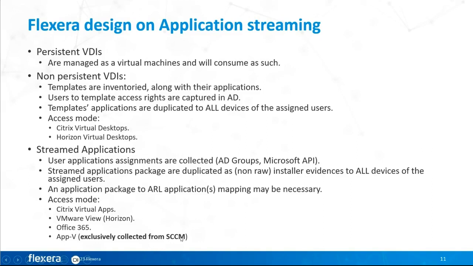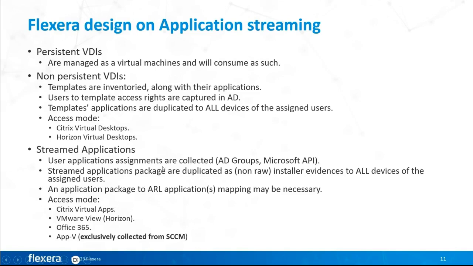And when SCCM does AppV monitoring, we collect the data in ITAM or in FlexNet, and we correctly display the AppV usage as, again, showing the access mode equals AppV. There is no real-time AppV monitoring, for instance, from the Flexera agent.